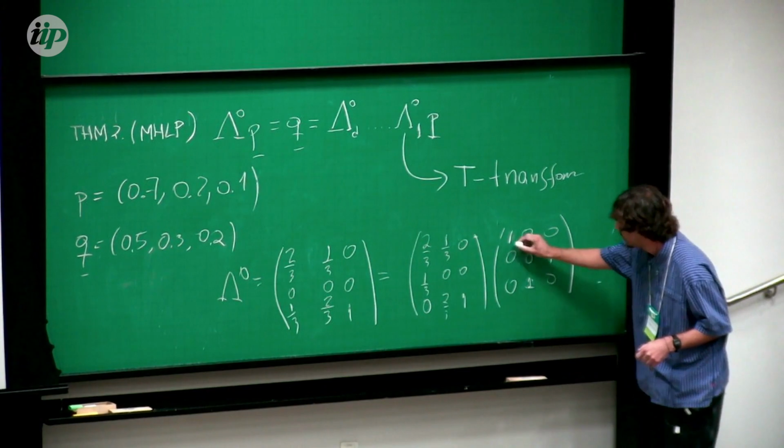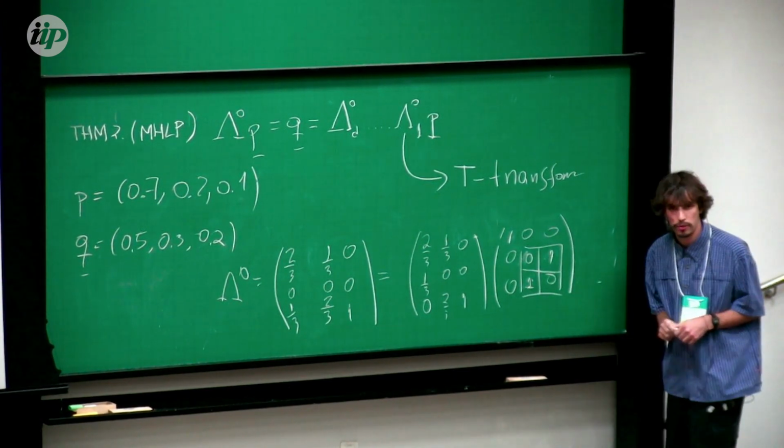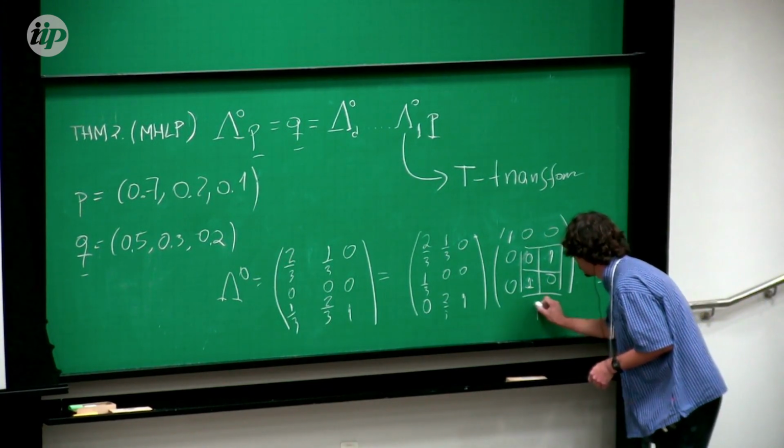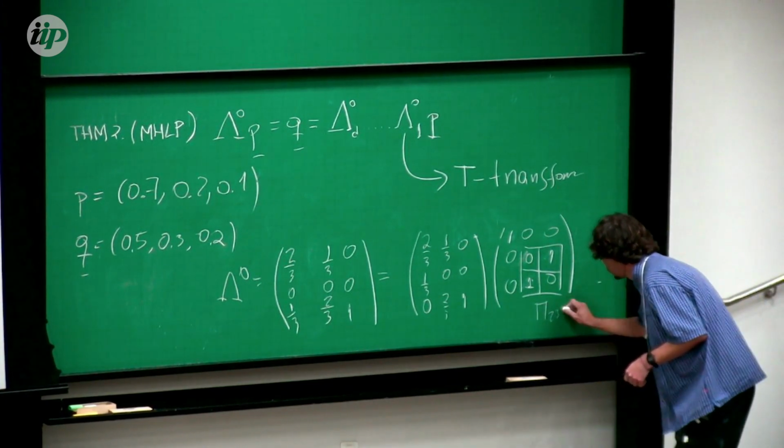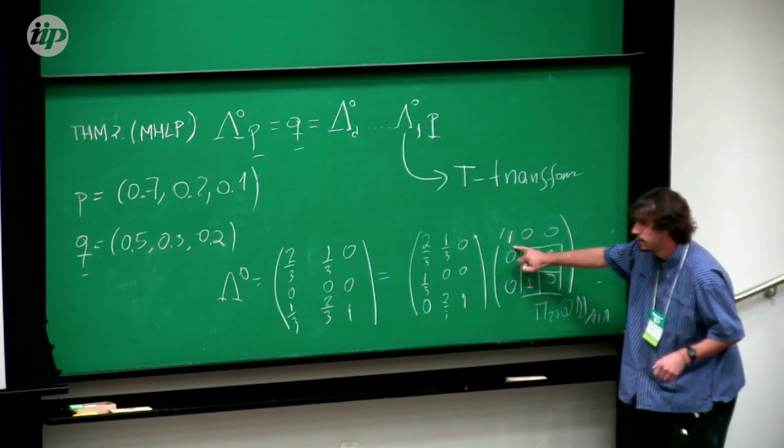Here we can see that we have a transposition between energy levels 2 and 3. This is precisely P_{2,3} plus identity everywhere except 2 and 3. The identity is here.